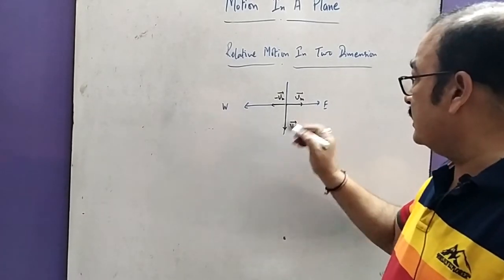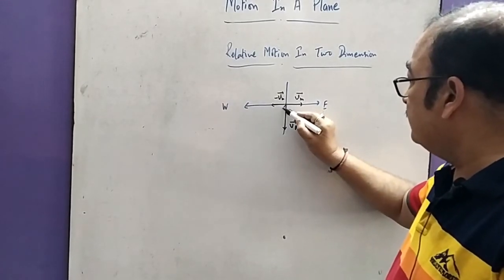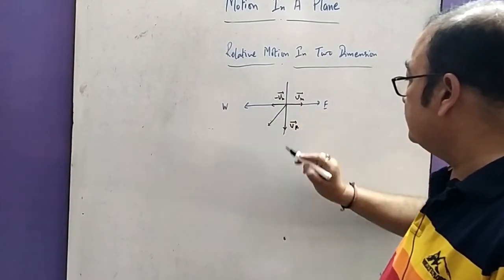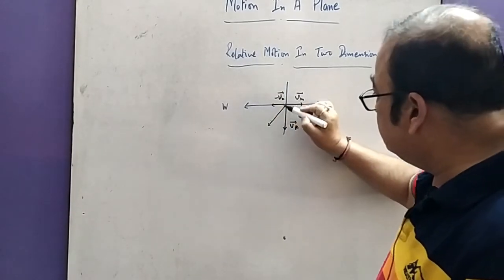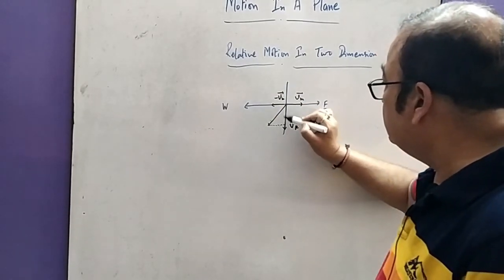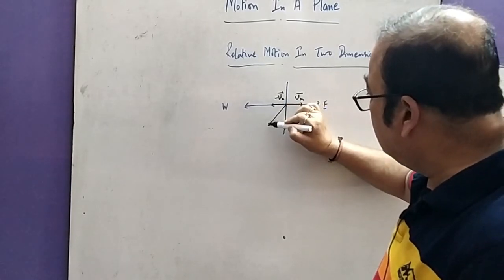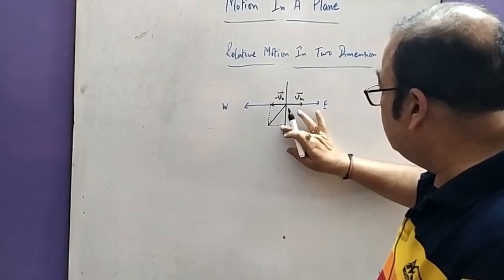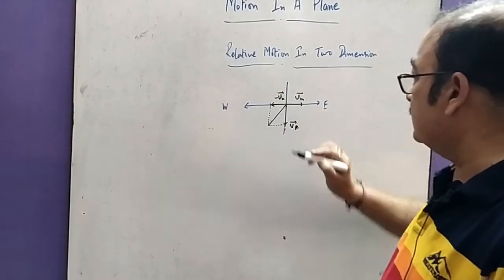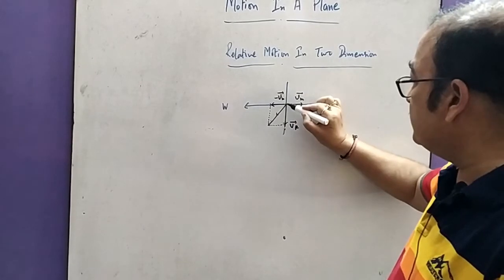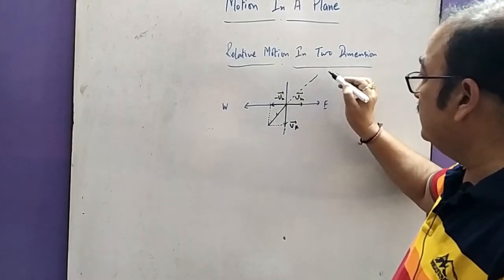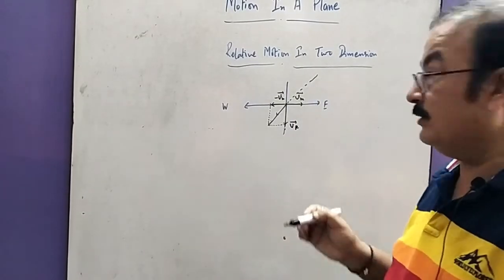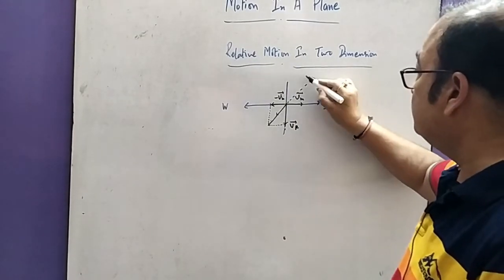Then we take the resultant of the two. It is the resultant of the two. And if I just move here, then this is the direction in which raindrops will be falling on my umbrella.